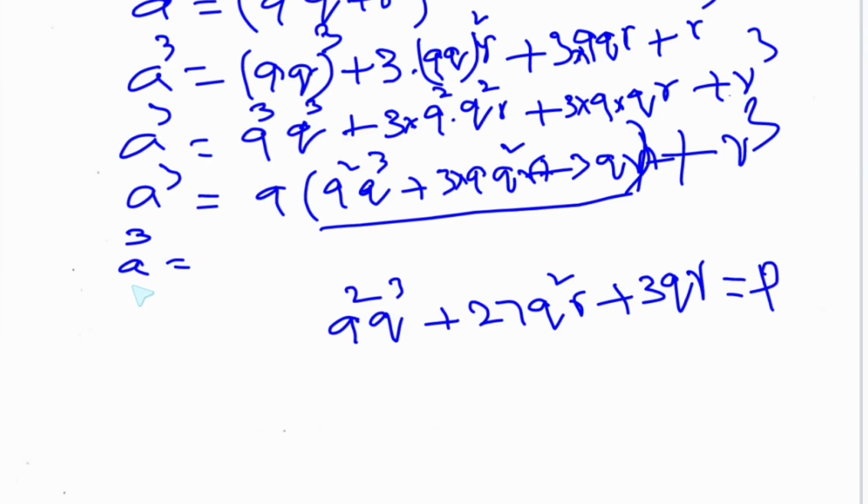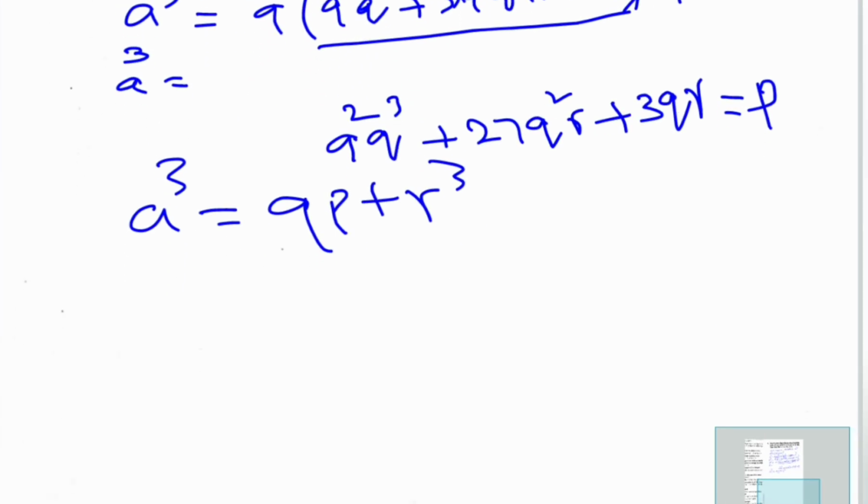Now we can write this equation: a cube is equal to 9p plus r cube.